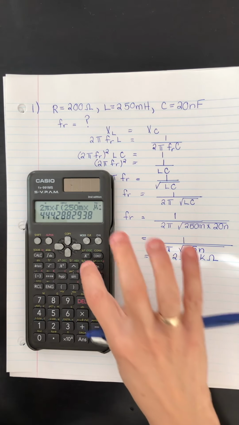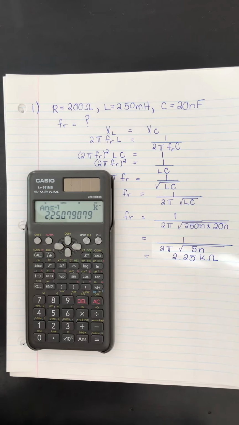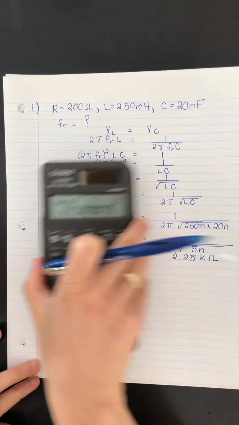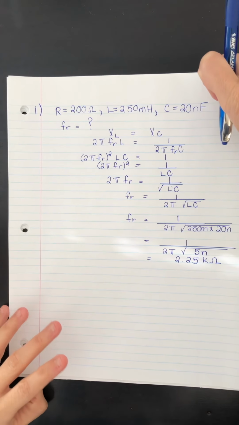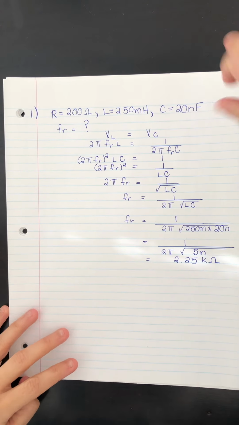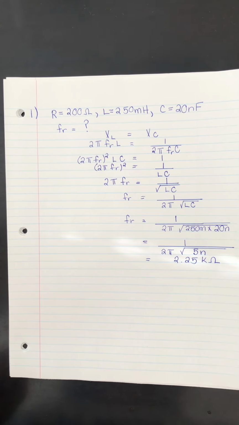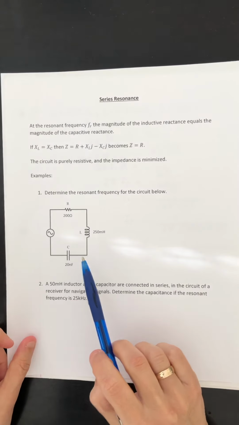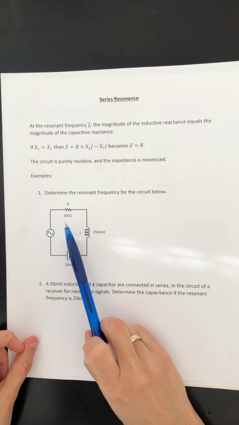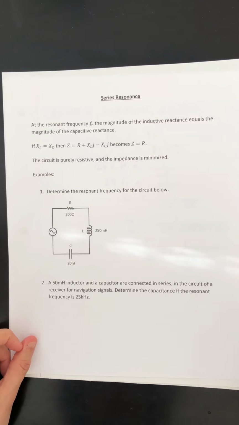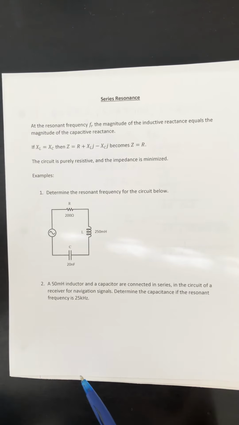So that's the denominator, and that's the answer. Okay, so I wanted to show you that problem to begin with. Calculating the resonant frequency for that given circuit, and the interesting part being that it doesn't matter what the resistance value is. And now let's go on and do this question.